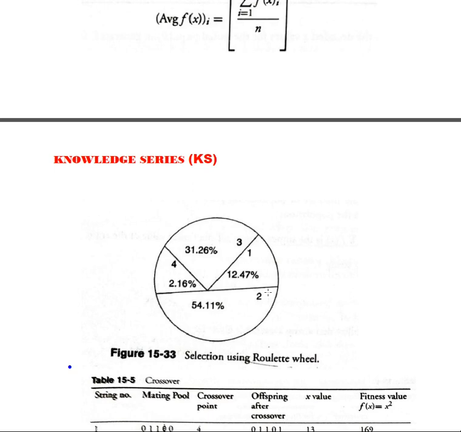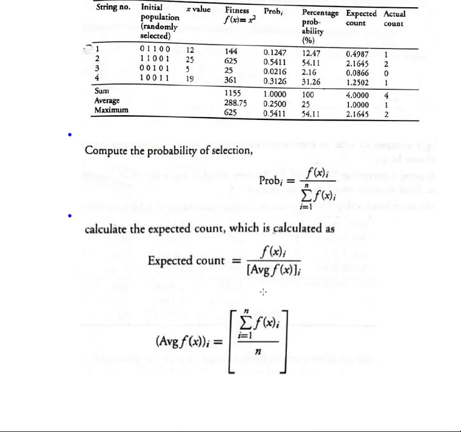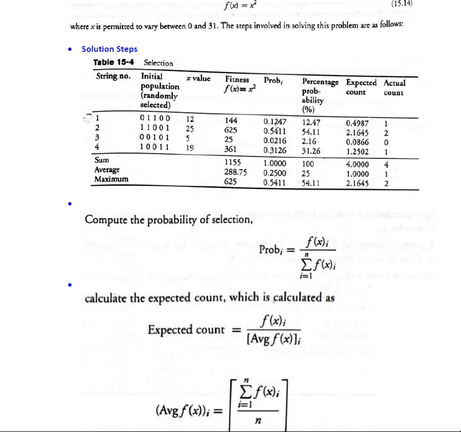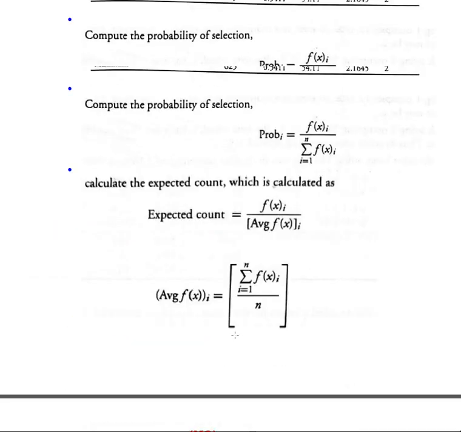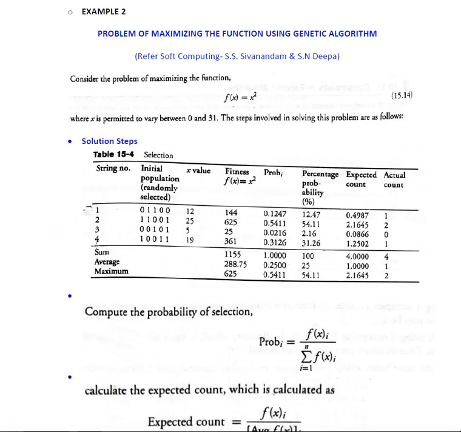Now that is what I was talking to you about with respect to this probability. If you try to see this roulette wheel selection, this has this much region, the next region is this one, then this one, then followed by this one. So if you look at the first string, this is string 2, which is 1 2 3 4.